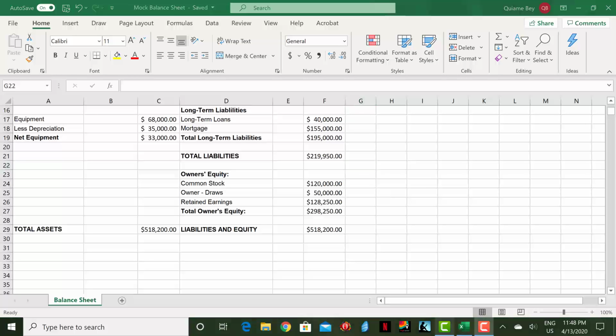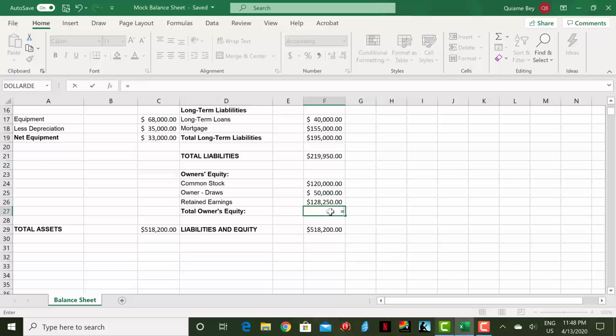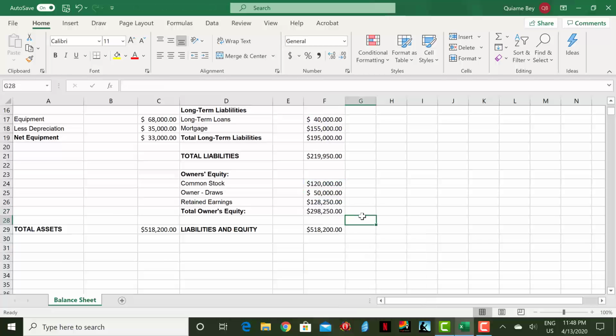$219,950. To calculate owner's equity, we will insert the formula inside cell F27 equals F24 plus F25 plus F26. Which should give us the value of $298,250.